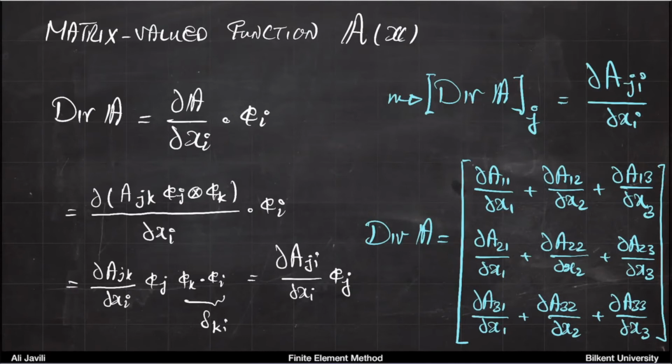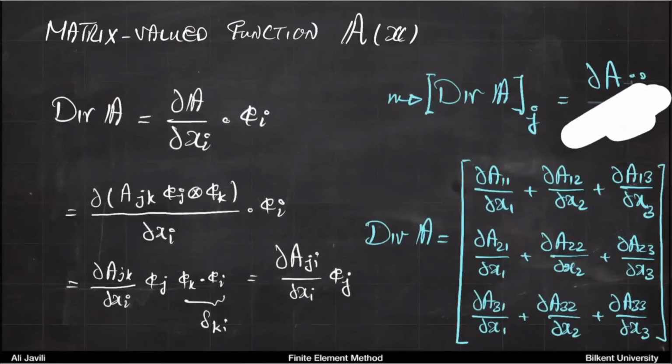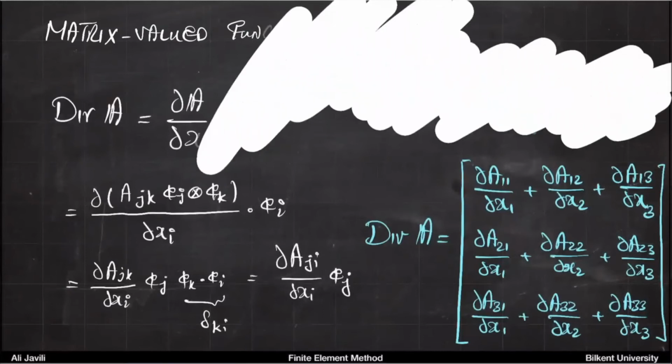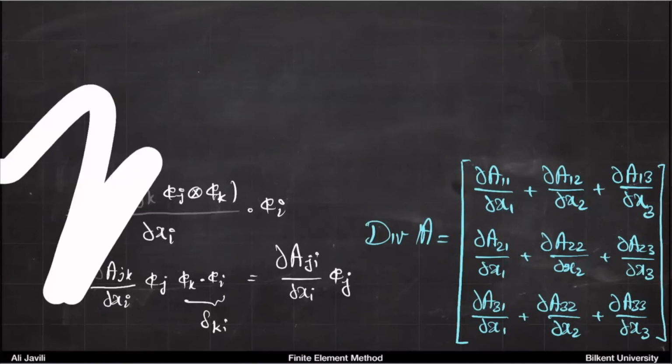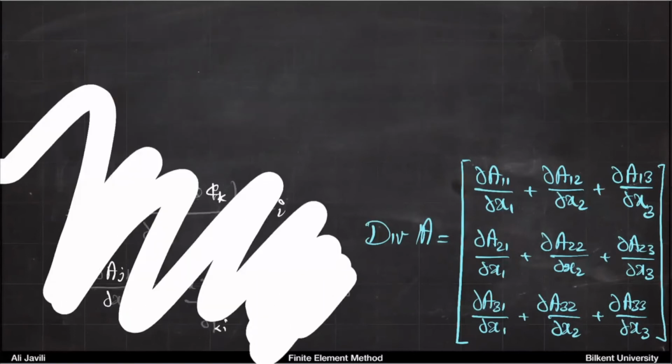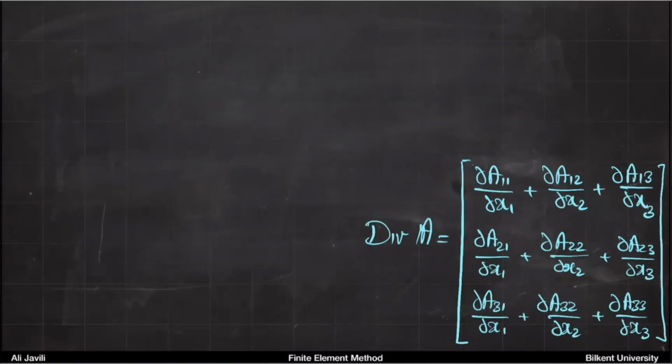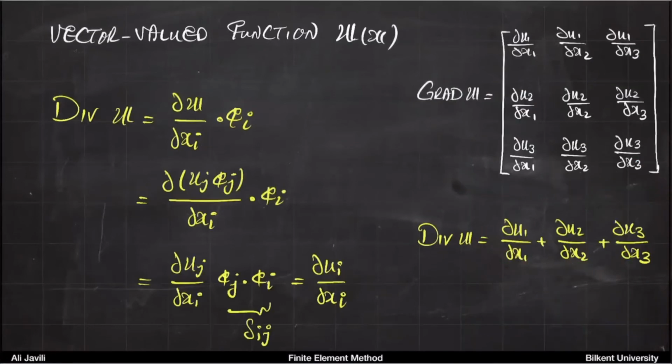All right, so let's put this all together in a combined format, because we will use this in the future. So this is the divergence operator on a matrix. Let's say if you have a vector, this is the gradient, and this is the divergence.